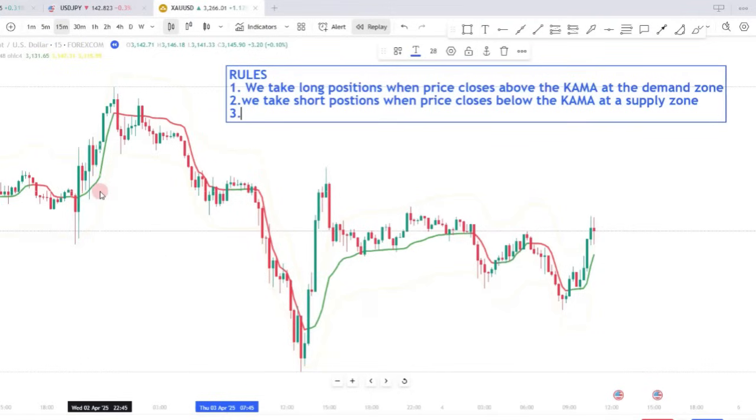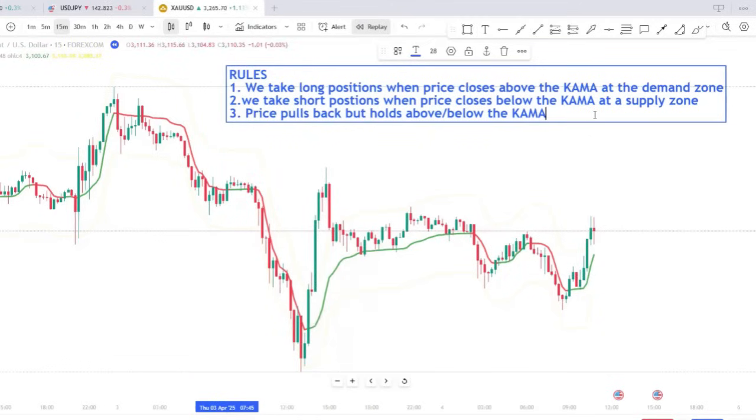So if price pulls back and holds above or below the comma, then you know you're safe to get in, right? And remember, the comma is this nice little line, green and red. It turns green when you are to go long, as I said, and it's red when you're to go short, right?